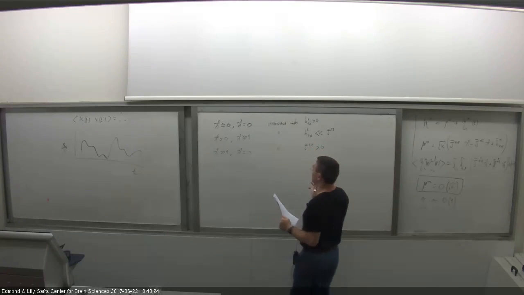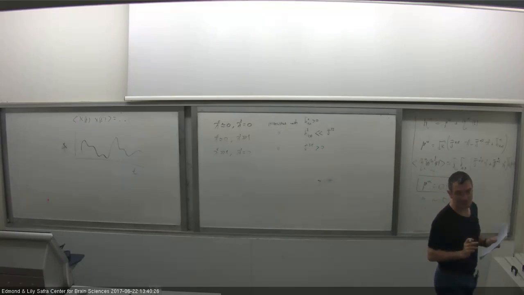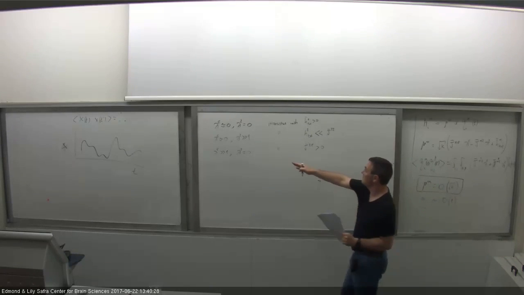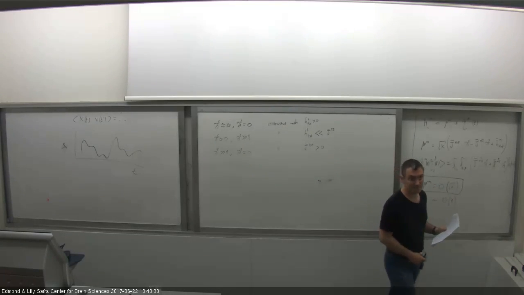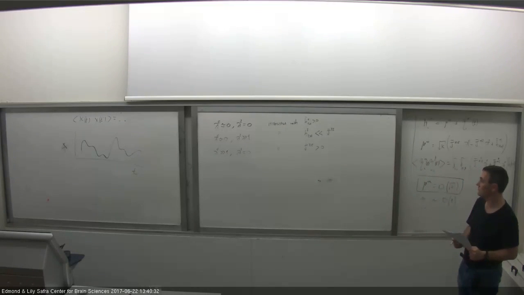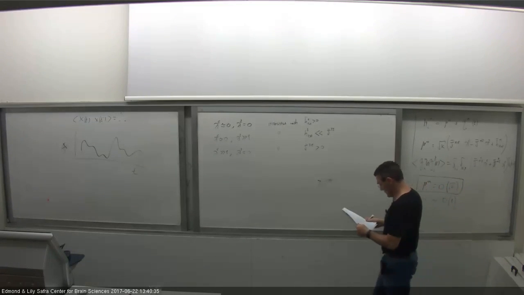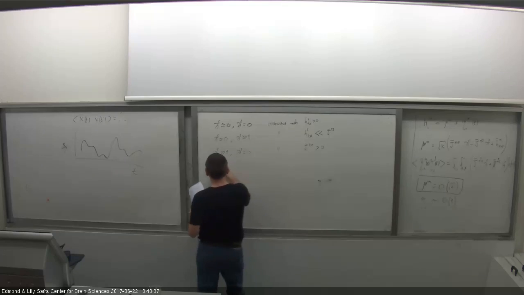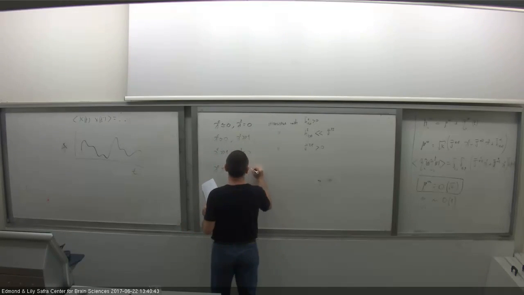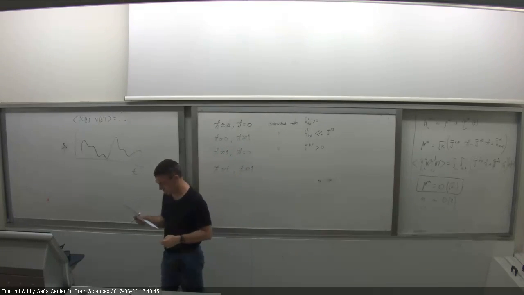So if there is E to I connectivity, then this is not a valid solution. A fourth possibility is saturation of both the excitatory and the inhibitory neurons.